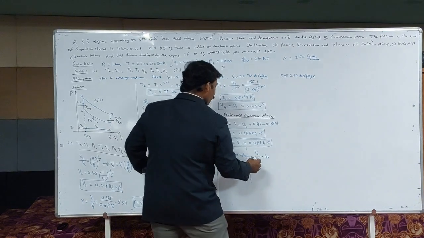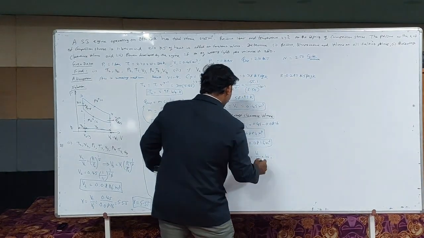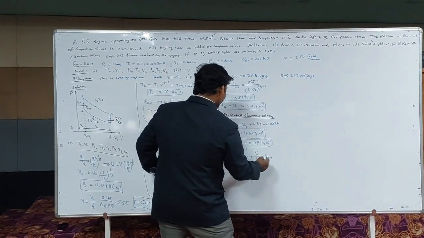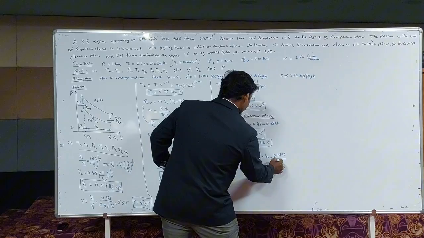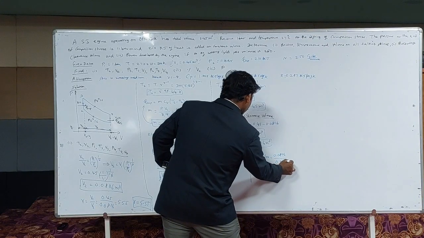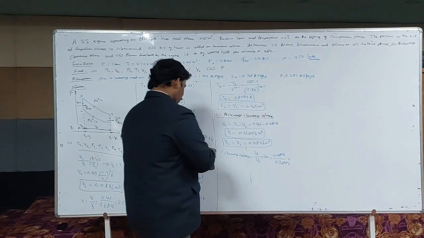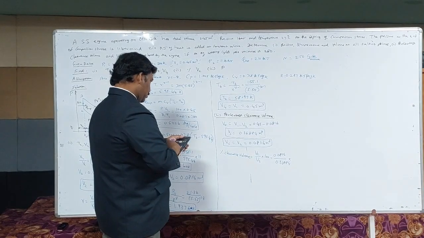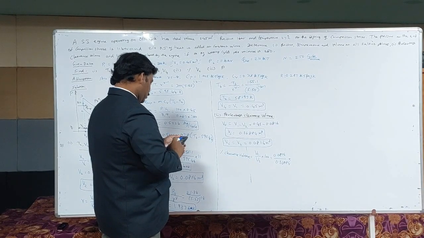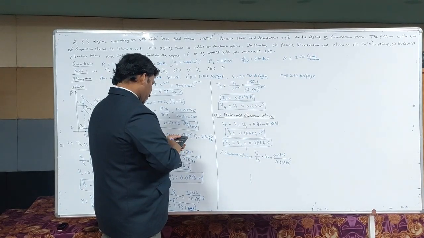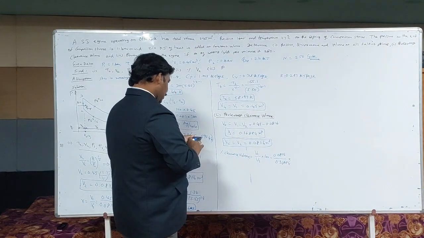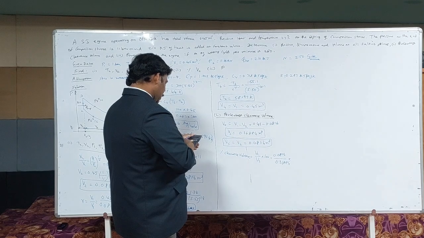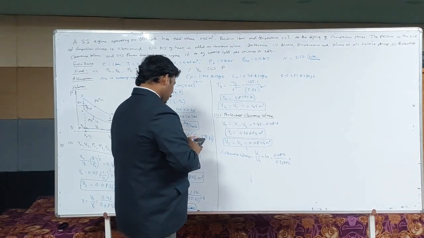So 0.08116 divided by the swept volume 0.36884 into 100.